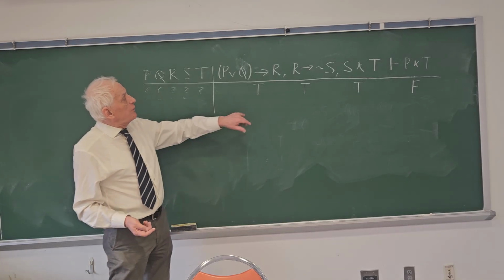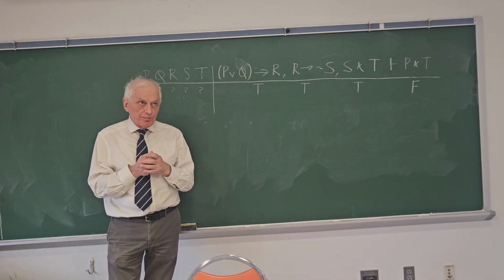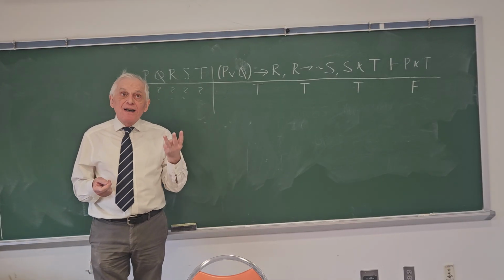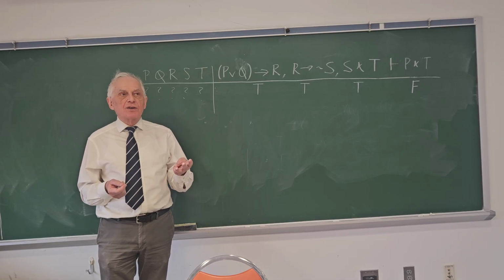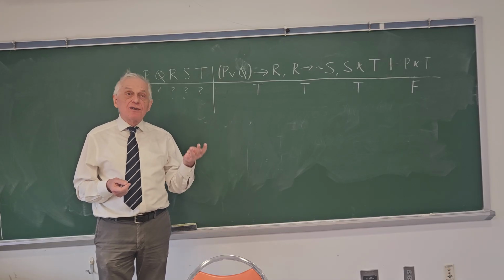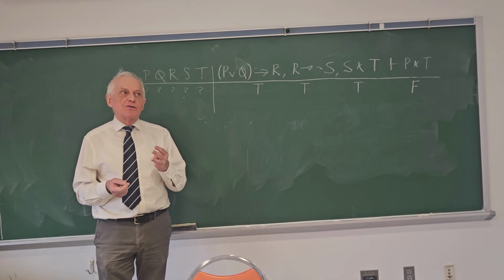Well, if we look at the first premise and the second premise, those are both conditionals. And there are 3 ways for a conditional to be true: true antecedent, true consequent; false antecedent, true consequent; false antecedent, false consequent.